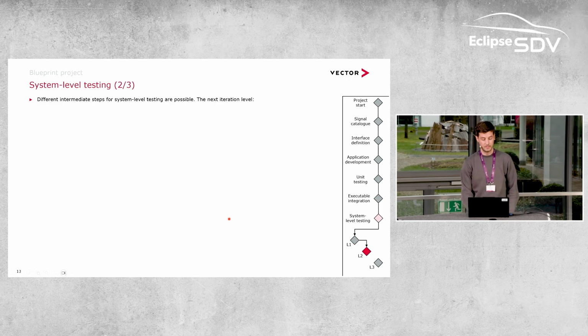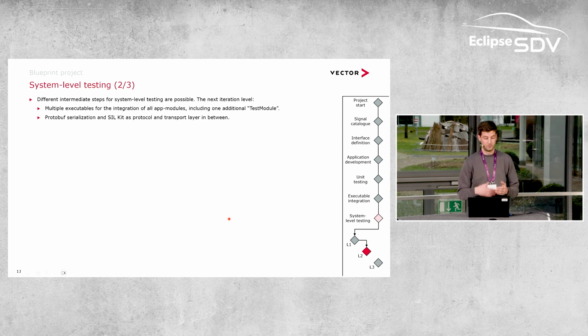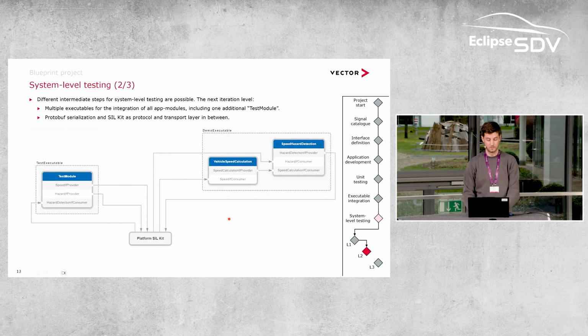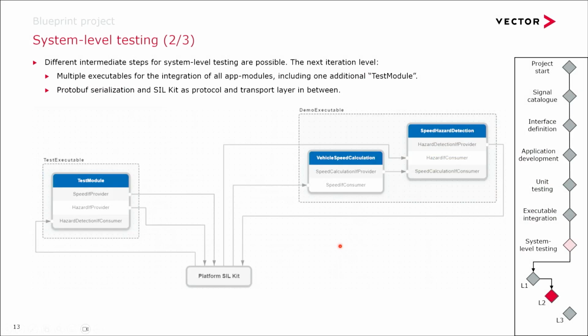Then the second step would be to separate the application modules and put them into different executables. So like illustrated here, the demo executable now only holds the speed calculation and the hazard detection, and the test module is separated.